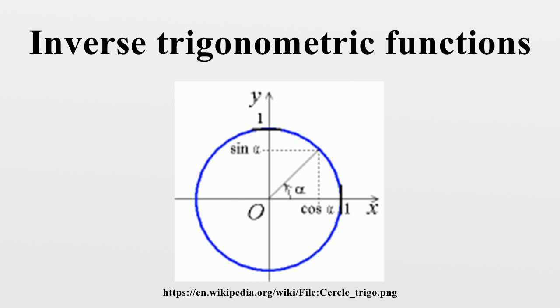Extension to complex plane. Since the inverse trigonometric functions are analytic functions, they can be extended from the real line to the complex plane. This results in functions with multiple sheets and branch points.